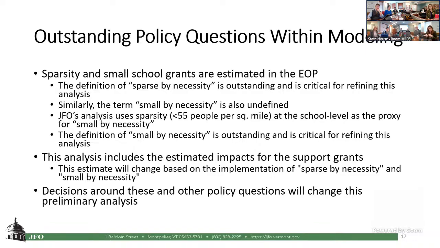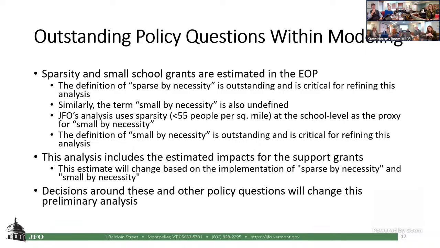For our analysis, we tried to have a proxy definition for that small by necessity, and that is by using the measure of sparsity: fewer than 55 people per square mile at either the town, city, or village where the school's located. So the measure we're using for sparsity, we tried to use that as our proxy for what is small by necessity.